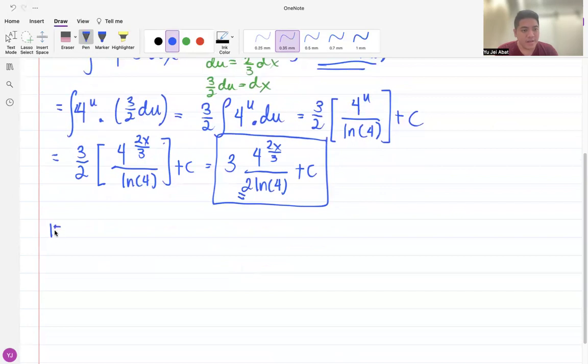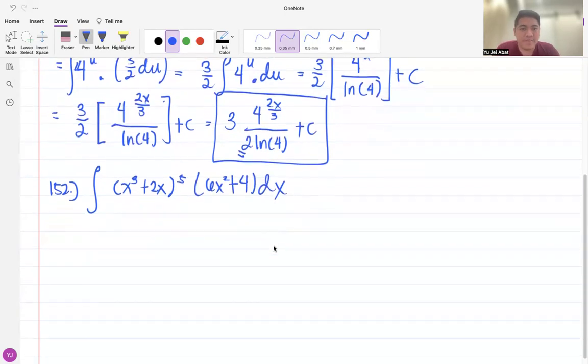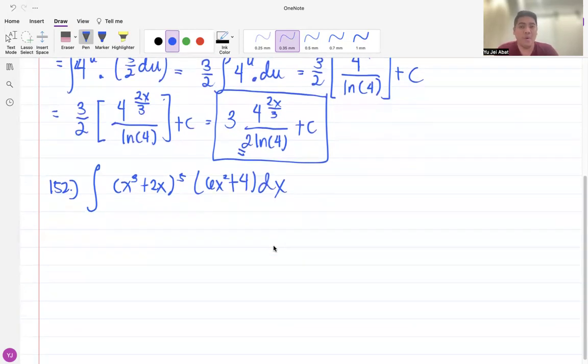So for problem 152, we are going to deal with u substitution. So we have x cubed plus 2x raised to 5, then we have 6x squared plus 4 dx. So this is purely u substitution. Why?